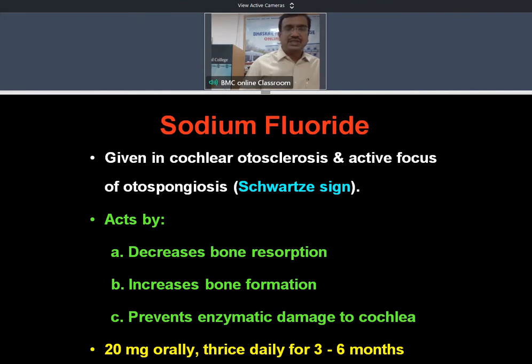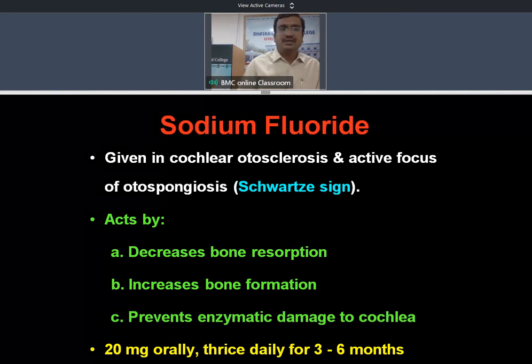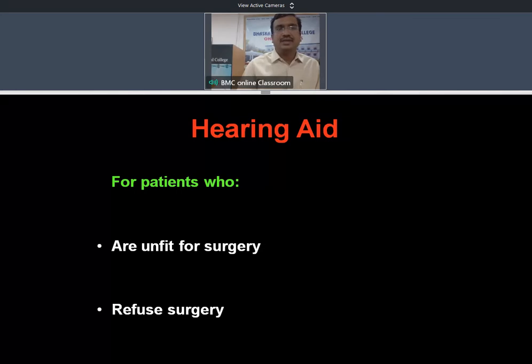If we are able to see the active focus through the tympanic membrane, there is a role for sodium fluoride. Otherwise, there is no role. The dose is 20 mg orally twice or thrice a day for 3 to 6 months, to convert the active focus into an inactive focus. That's all. There is no major role of medical treatment.